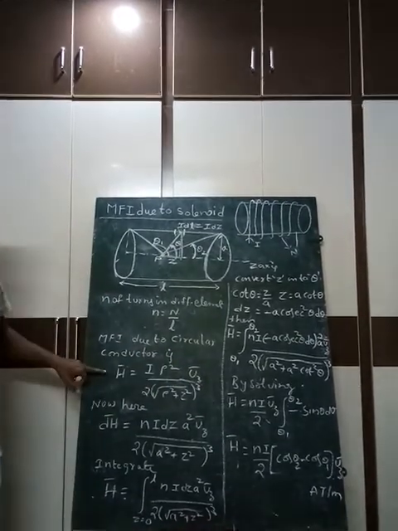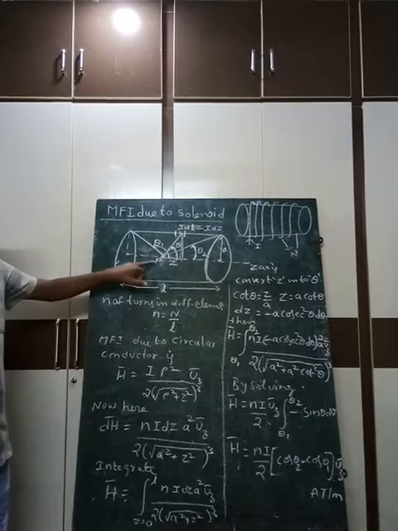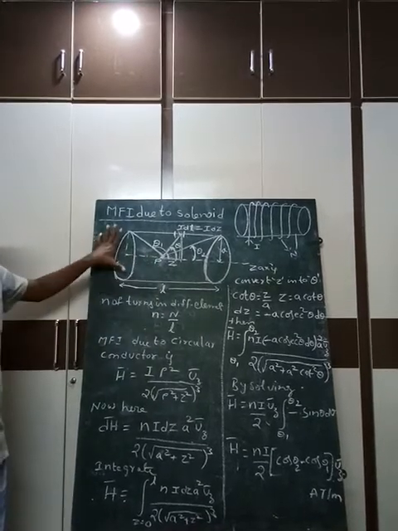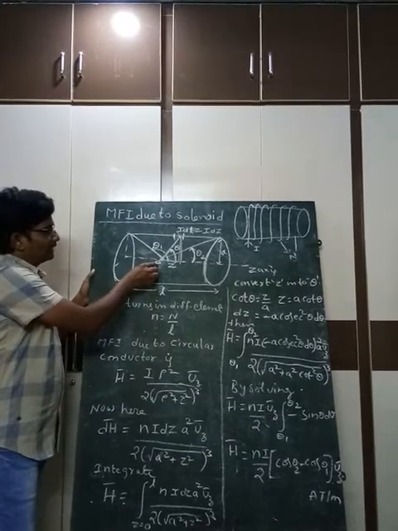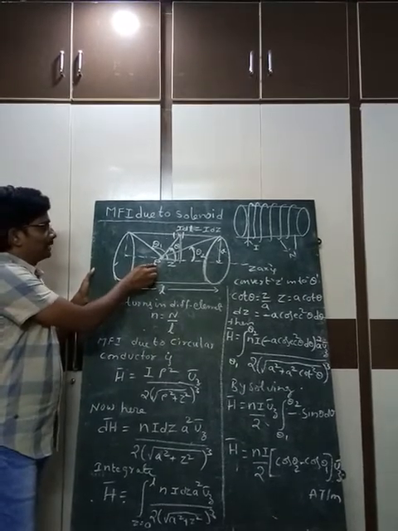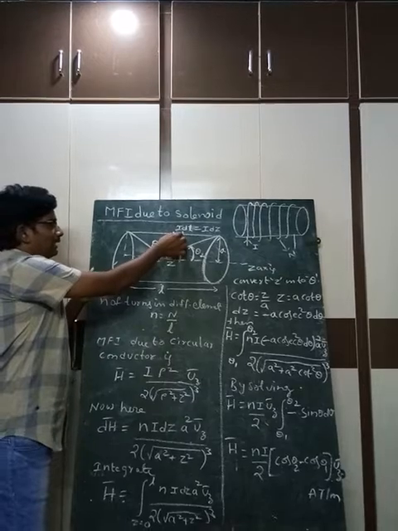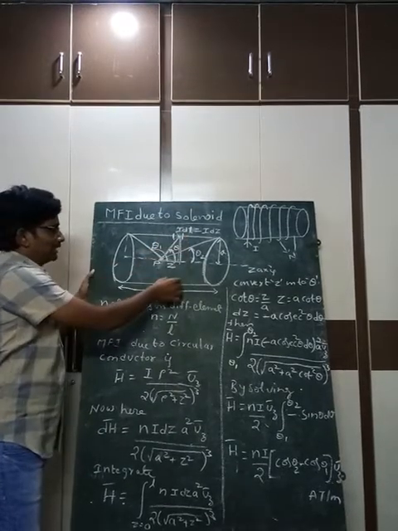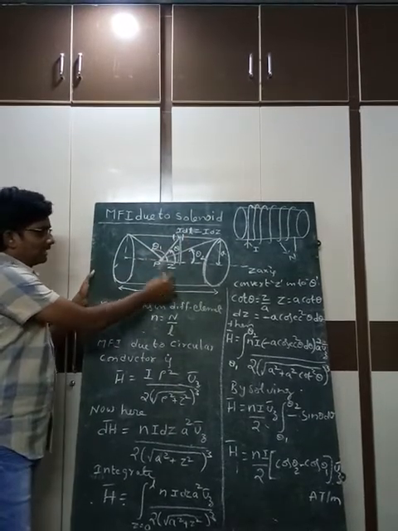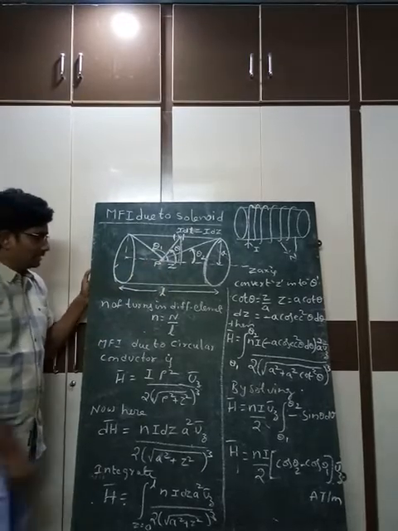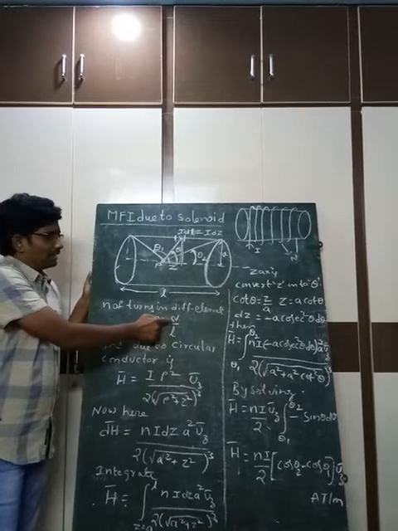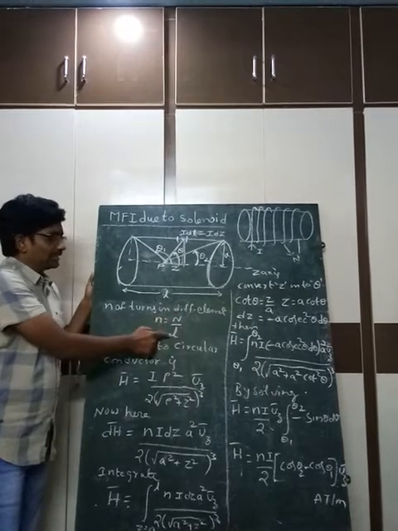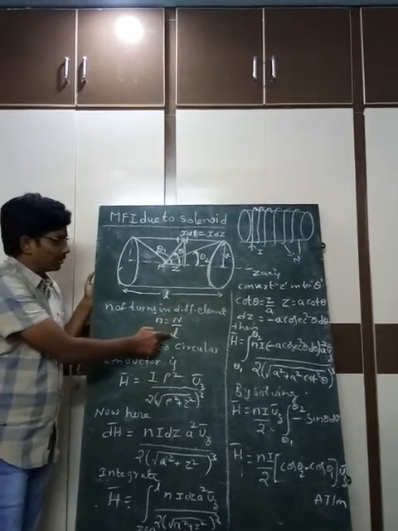So we can use this formula to determine the magnetic field intensity at this point due to the solenoid. But here we need to calculate the differential magnetic field intensity at this point P due to this differential element, which has a small n number of turns. That small n is equal to capital N by L, where capital N is the total number of turns and L is the length of the solenoid.